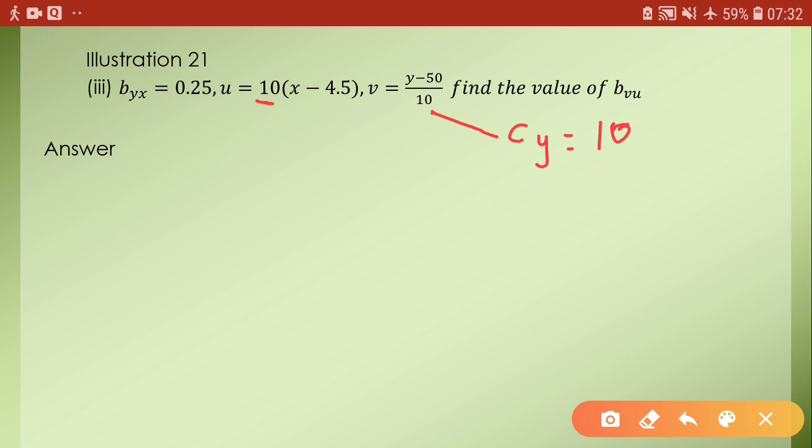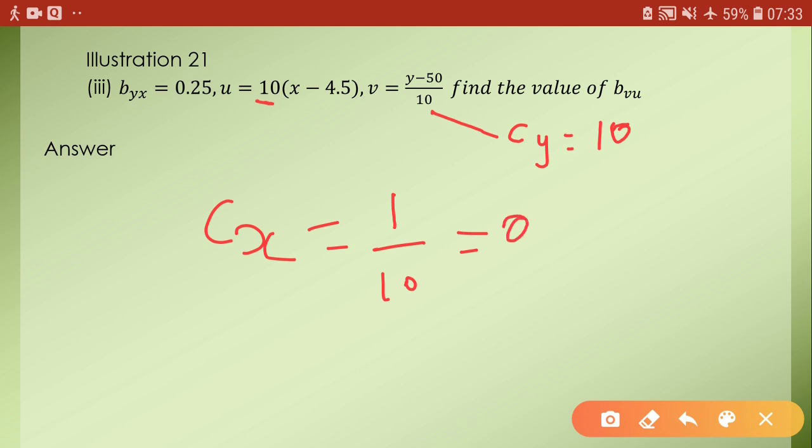Let's make it a bit simple. If in a question any digit is multiplied like this, the 10 is multiplied like this, and you need to find the Cx, you will simply make the reciprocal of the digit given.